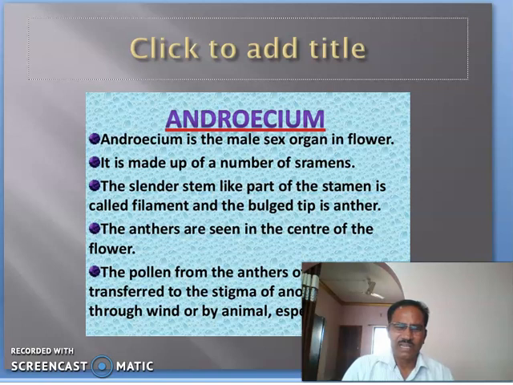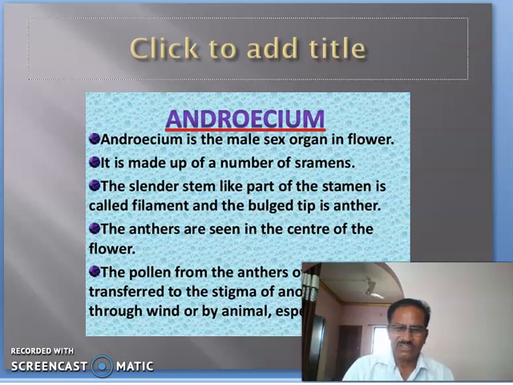Androecium. Androecium is the male sex organ of flower. It is made up of a number of stamens. The slender stem-like part of the stamen is called a filament and the bulged tip is an anther.